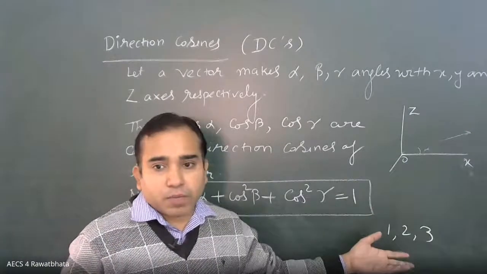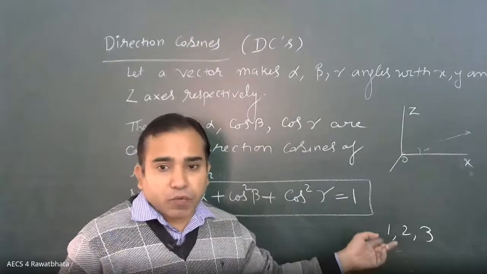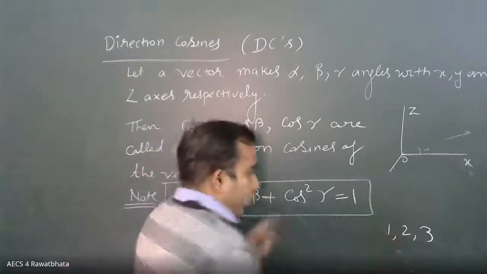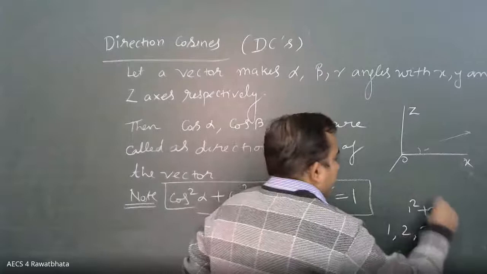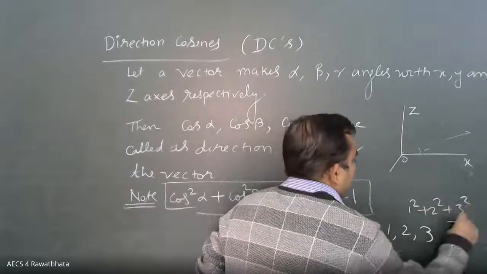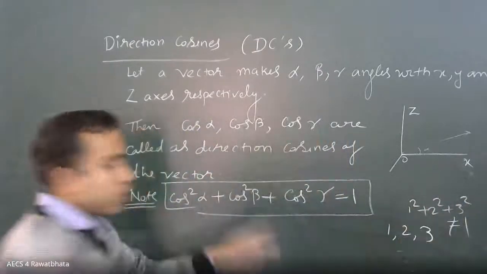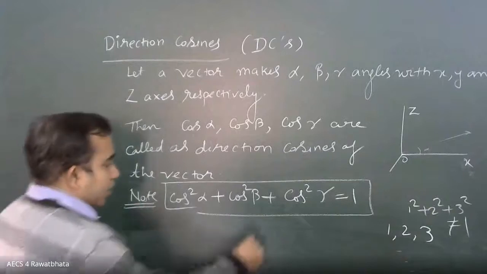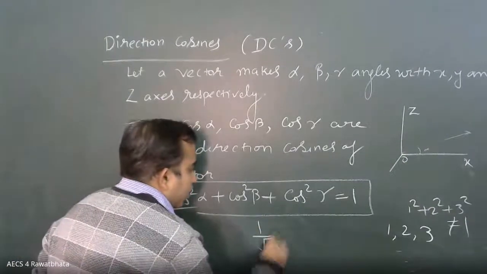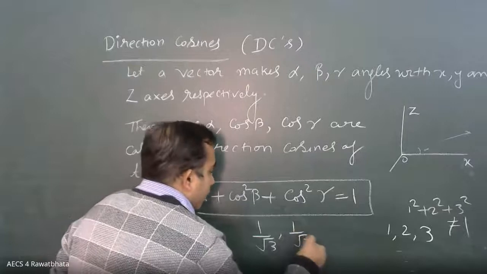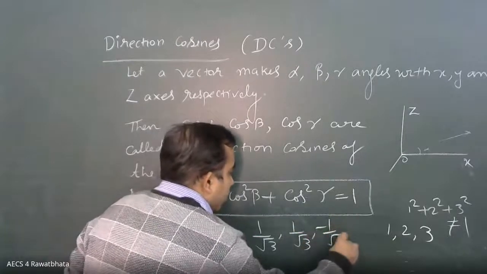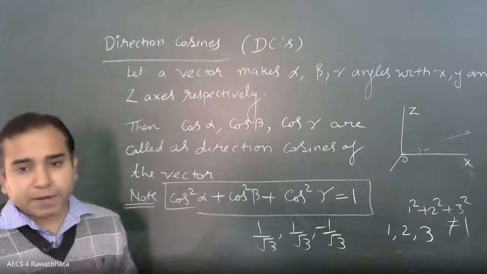Why? Because if you find the sum of their squares, it will not be 1. It will never be equal to 1. So this cannot be DCs. But if you take 1 upon root 3, 1 upon root 3 and minus 1 upon root 3, can they be DCs of some line, some vector?